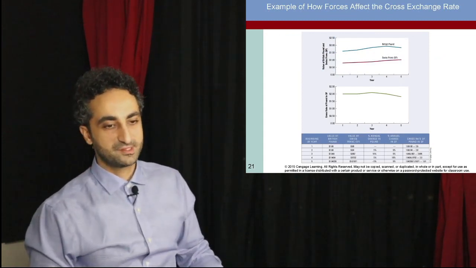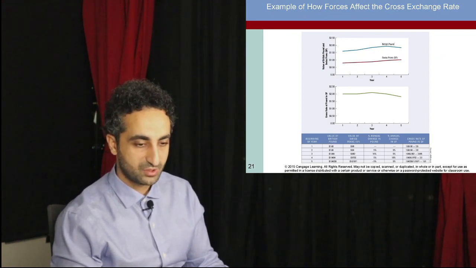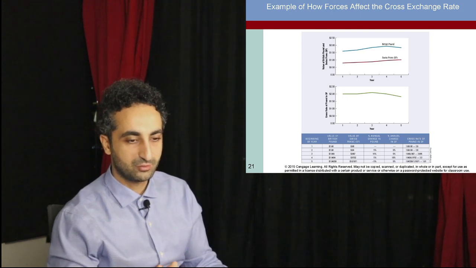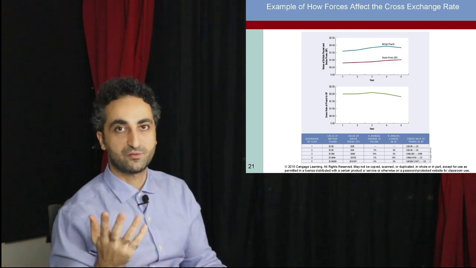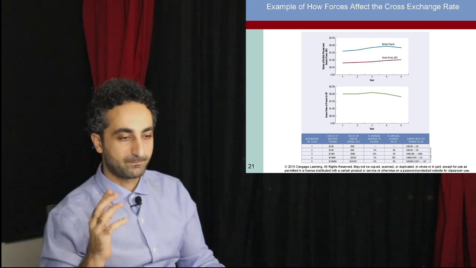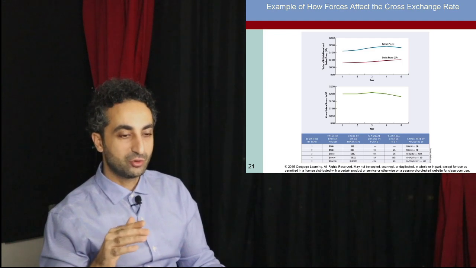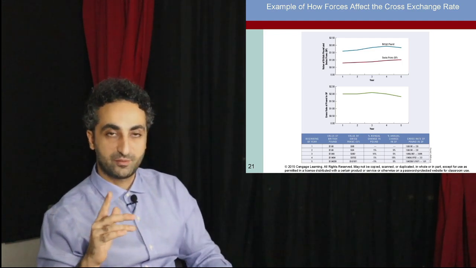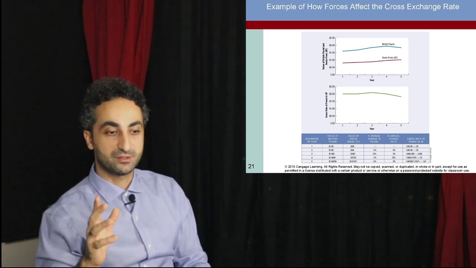Example of how forces affect the cross exchange rate. So what you can see here is the value of British pound and Swiss franc in terms of USD. So year 1 until 5, in year 1 you notice that the value of the British pound is $1.6.